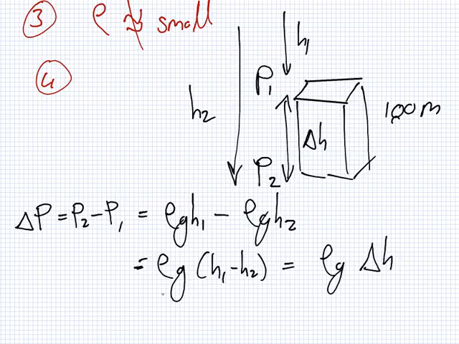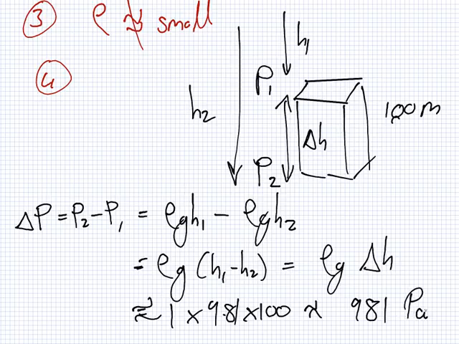So it was about 1 times 9.81 times 100, which is about 981 pascals. Do you get the same answer? Yeah, but longer, right? Yeah. Now, that is enough to be measured.